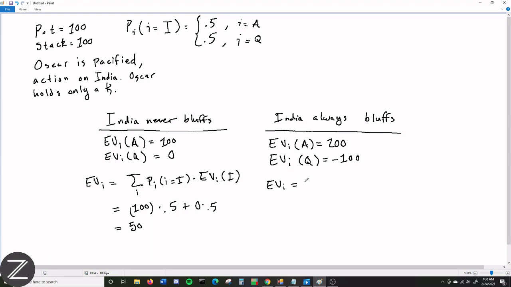India's expectation here is 200 times 0.5 plus minus 100 times 0.5. And so this gives us 100 minus 50, which is equal to 50.